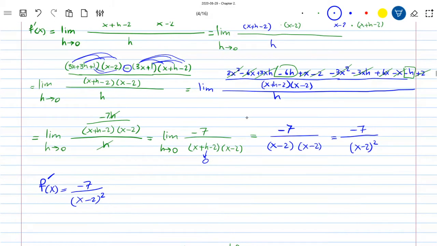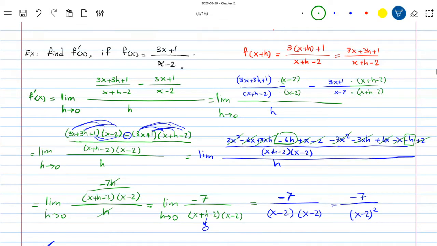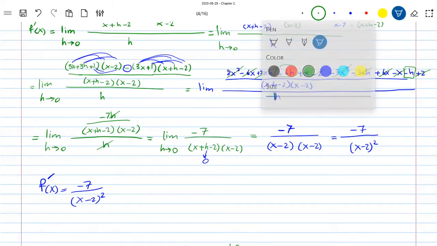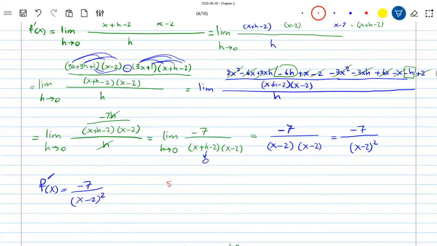So if they had asked you for the slope of the tangent line at a specific value, x equal to 1, for example, then you would have replaced 1 in f of 1 plus h minus f of 1.